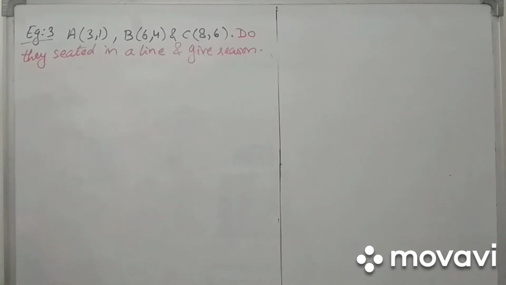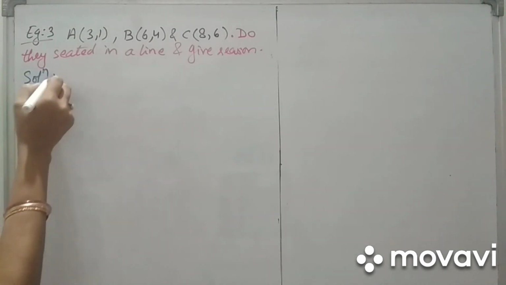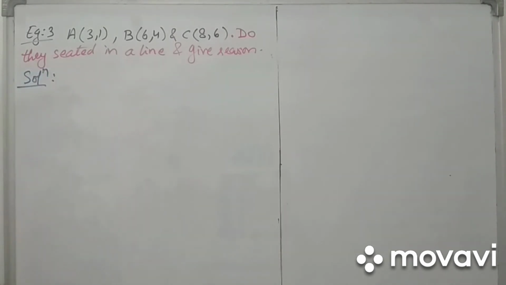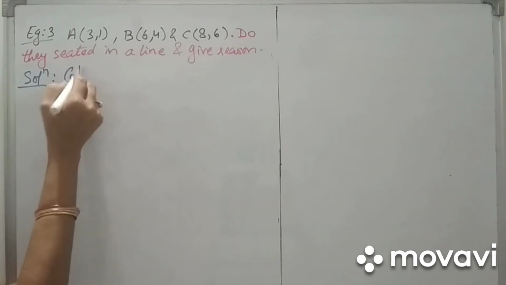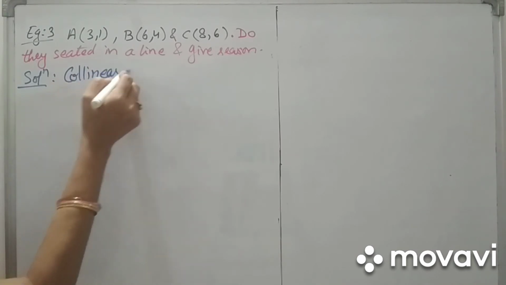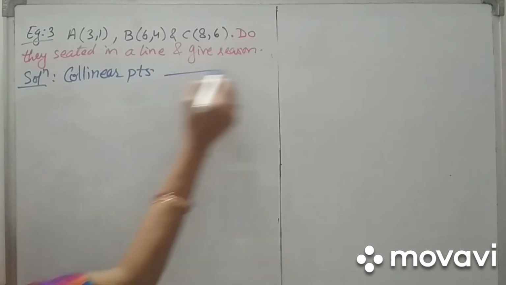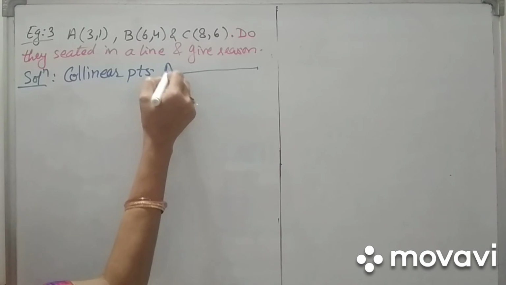Okay, so for that what will we do? To say it is a straight line, we want to find collinear points. Collinear points means points lying on a straight line.